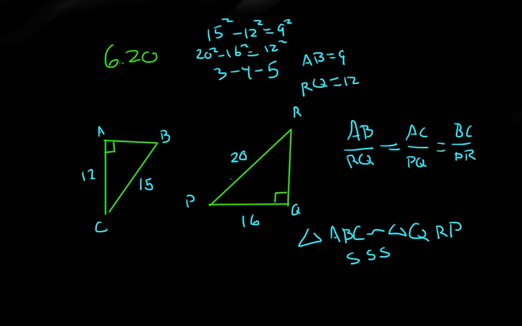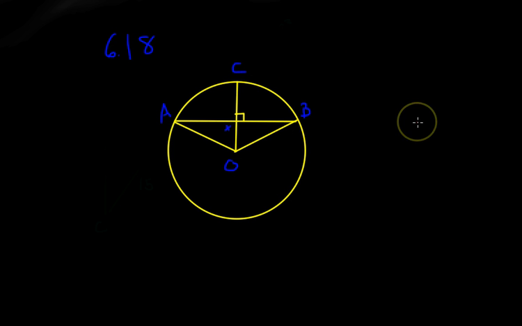There is one more thing that I'll cover really quick. The last point of section 6.4 is what I'm about to talk about in problem 6.18. This problem says that they want you to prove that if the radius OC of circle O, where O is the center, is perpendicular to chord AB, then the radius OC is bisecting chord AB.